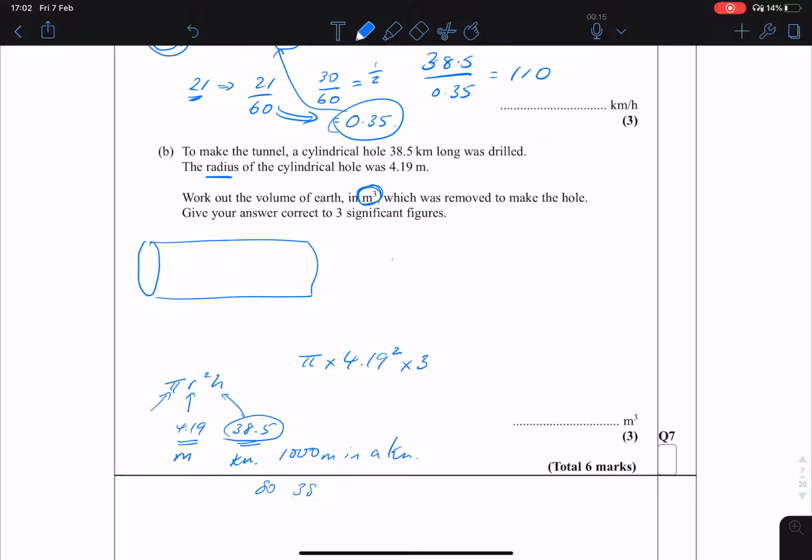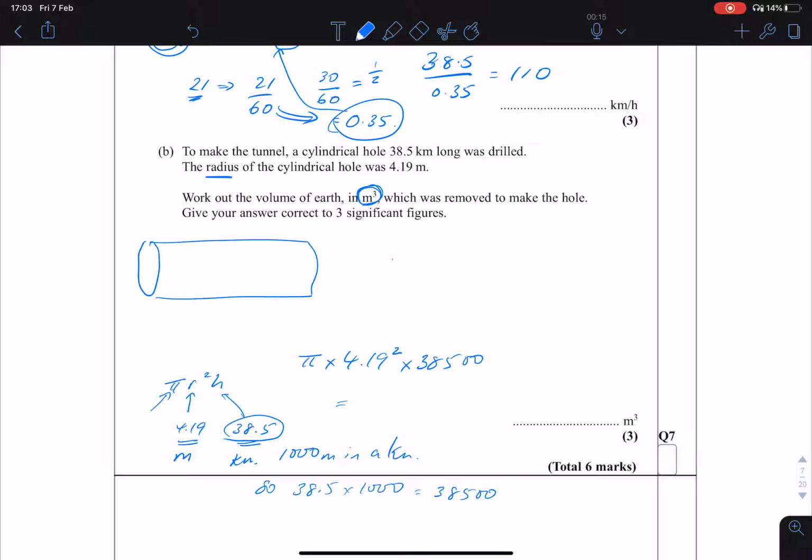So 38.5 times 1,000, check on the calculator, is 38,500. So go back to our question, 38,500. Now I'm going to shove that into my calculator. Pi times 4.19 squared times 38,500 is, my goodness, massive.